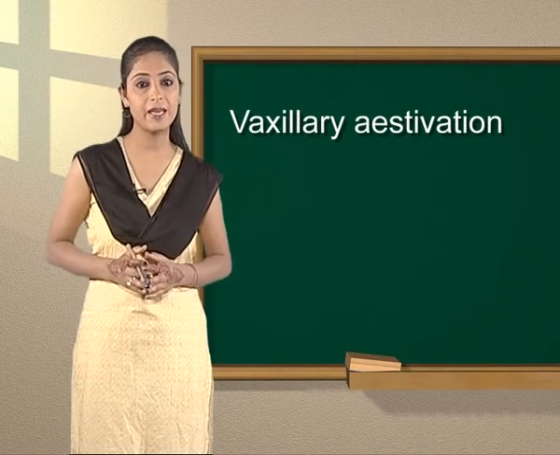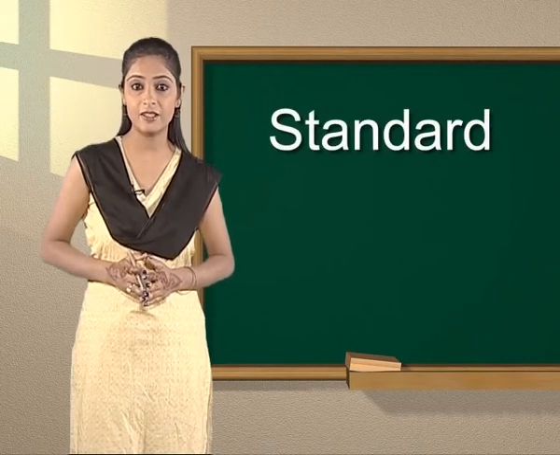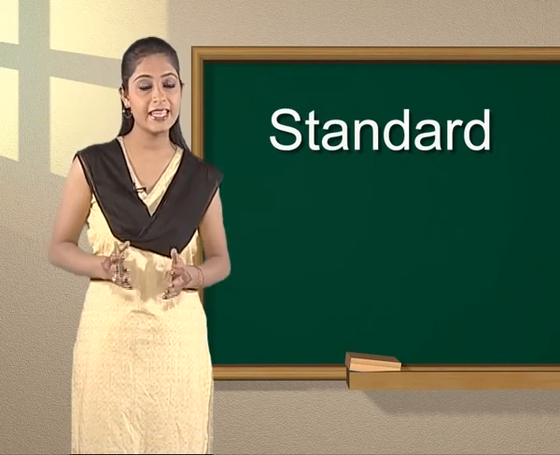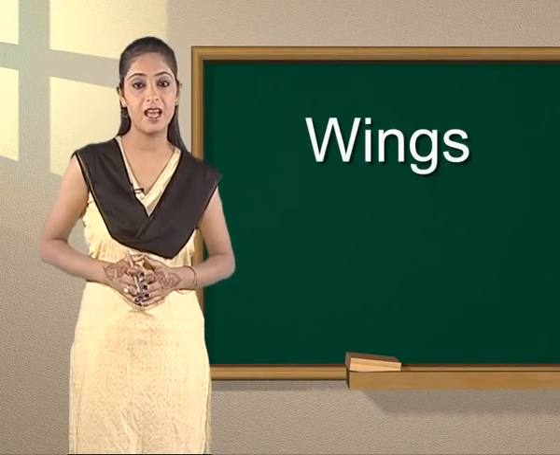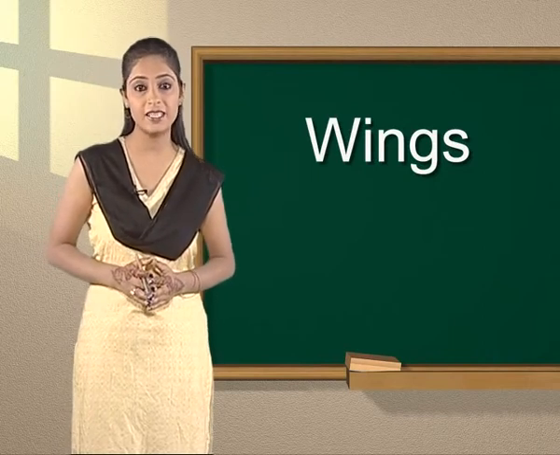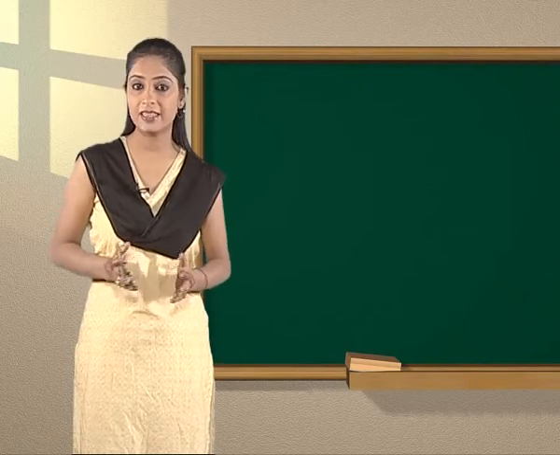There are 5 petals. The largest, which is known as standard, overlaps the 2 lateral petals. These lateral petals are called wings. The wings in turn overlap the 2 smallest anterior petals. These anterior petals form the keel.